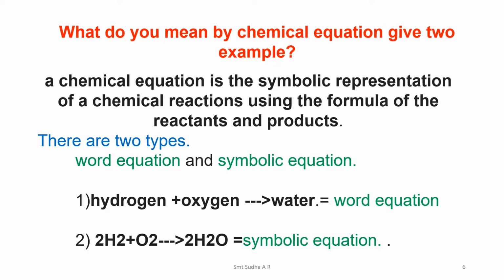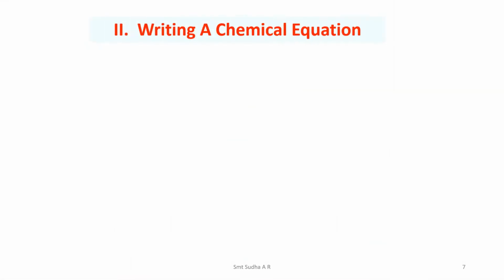Instead of the word hydrogen, if I write the symbol, 2H2 plus O2 gives 2H2O, this is the symbolic equation. So you have a clear idea about these chemical equations.